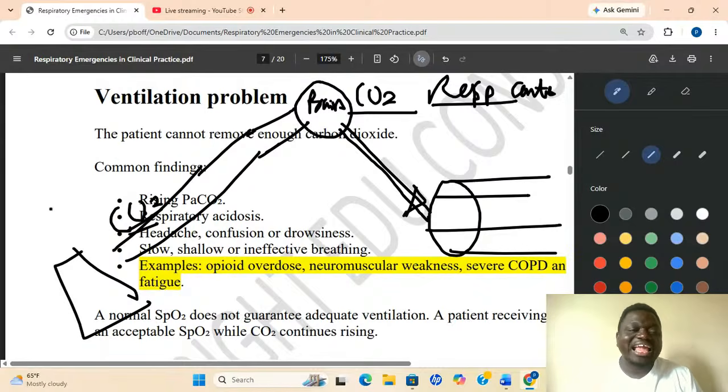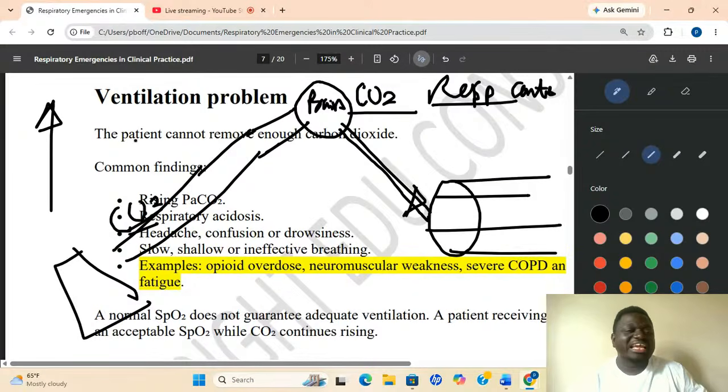So the higher the CO2 levels in the brain in a normal patient, the higher the respiration rate.